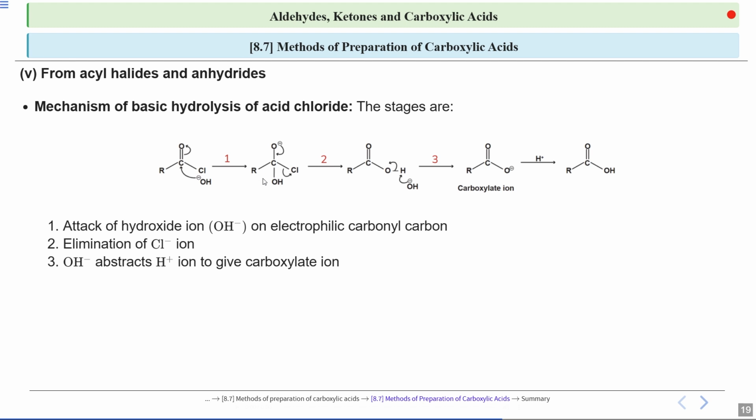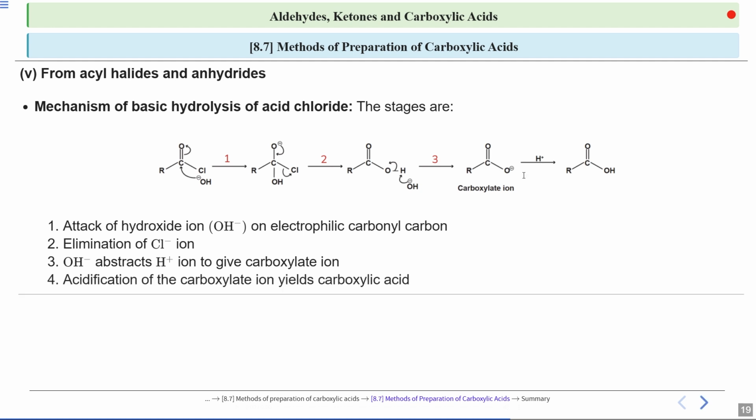And in a further step, we will see that the hydroxide ion abstracts a proton to form a carboxylate ion. So this hydroxide ion will abstract a proton and it will give you a carboxylate ion. So this is stabilizing the negative charge that is developed on the oxygen atom.